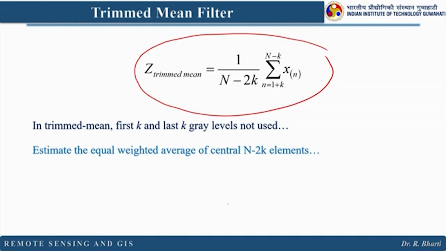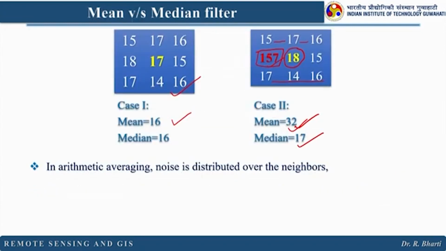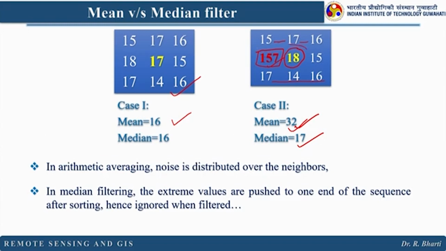So what happens when you have error? Either it will be at the beginning or at the end, right? You arrange the values in increasing or decreasing order, then you remove those two tails, and then you calculate the mean value, right. So this will also solve this problem which is here, right.